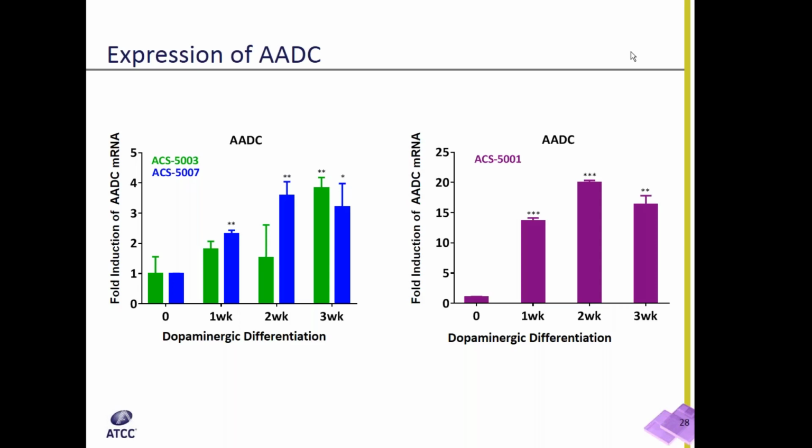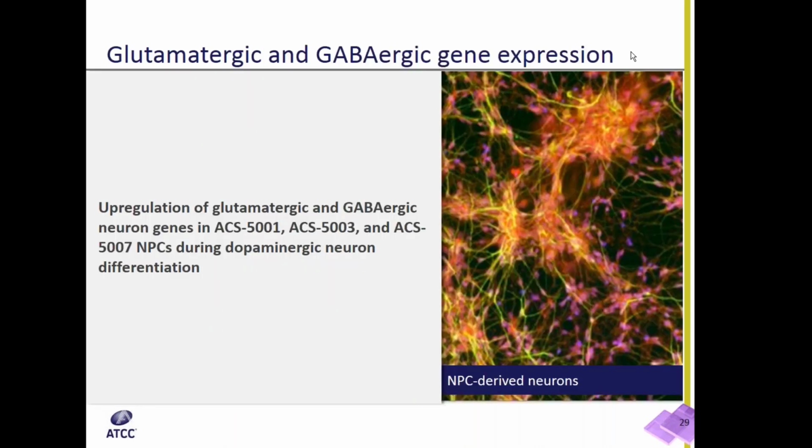We now want to test what other types of neurons this media could stimulate the neuroprogenitor cells to differentiate into. So first we looked at whether or not our cells could differentiate into glutamatergic and GABAergic neurons.